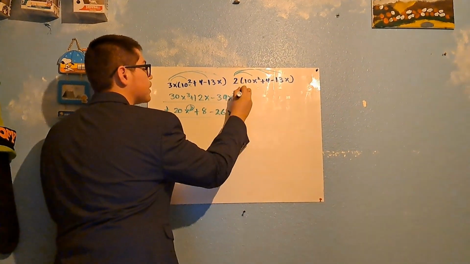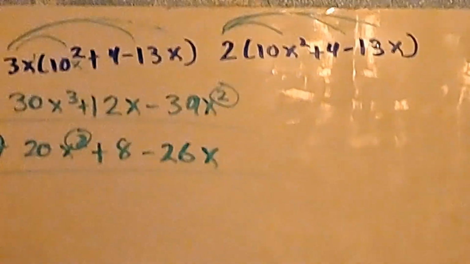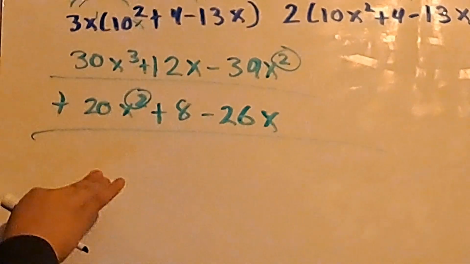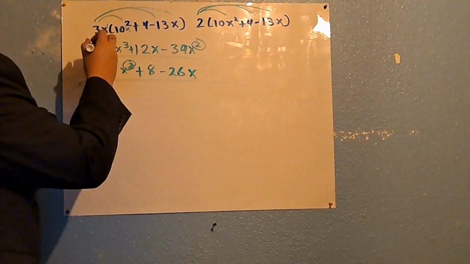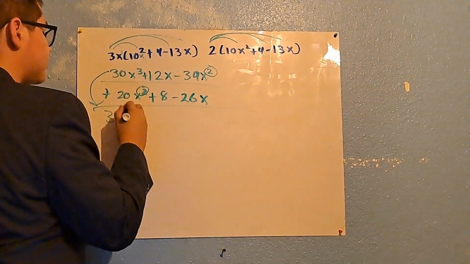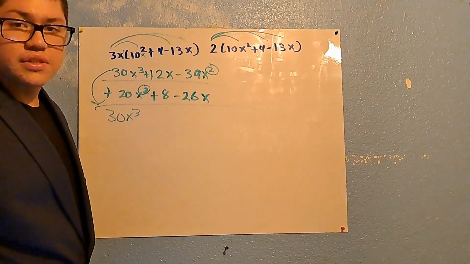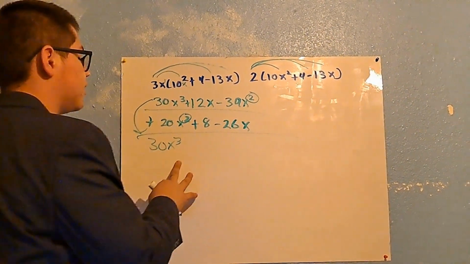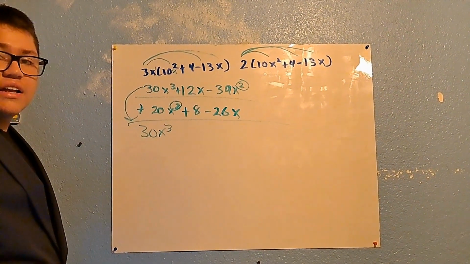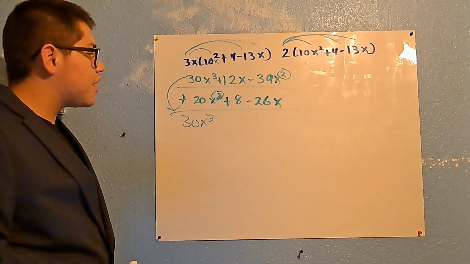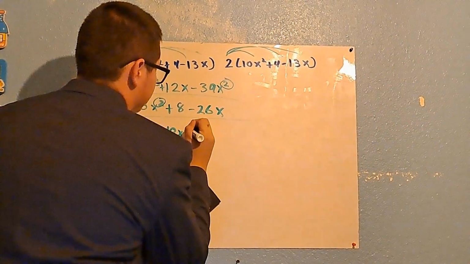Right here, 2x and 2x. And what we have to do in this problem is we can't randomly put, for example, 2x, x, and 3x. No, we have to put them in order. So for example, 30x cubed would come out first, because there's no other cubed value in here. Then 20 plus negative 39, if we add them, that would be negative 19x squared.